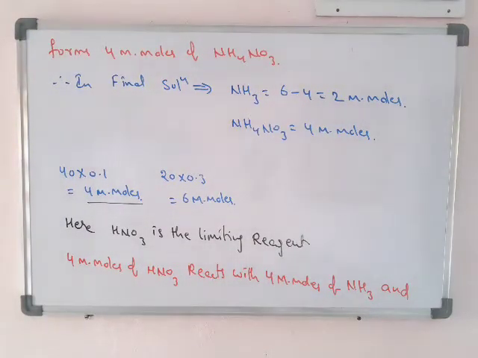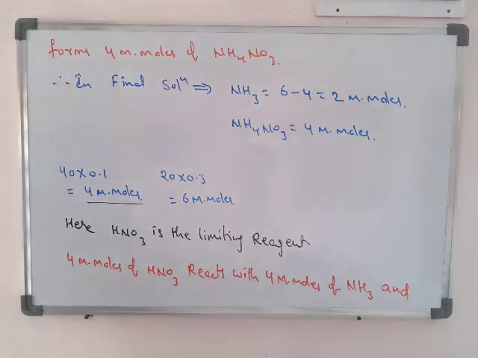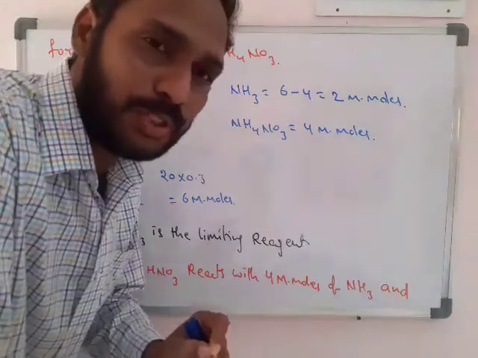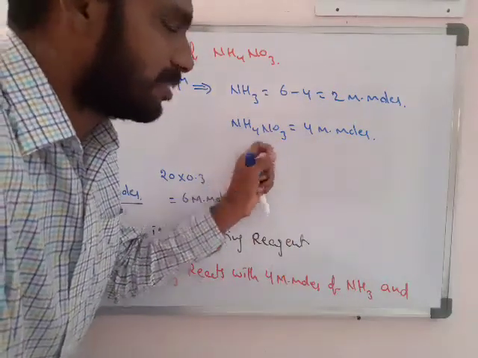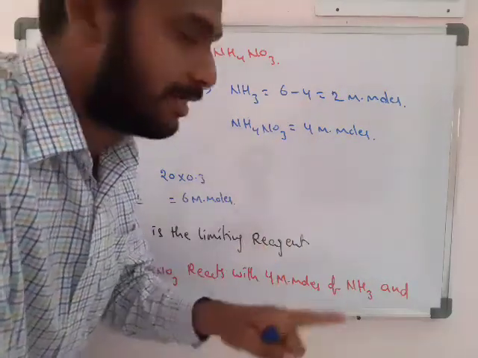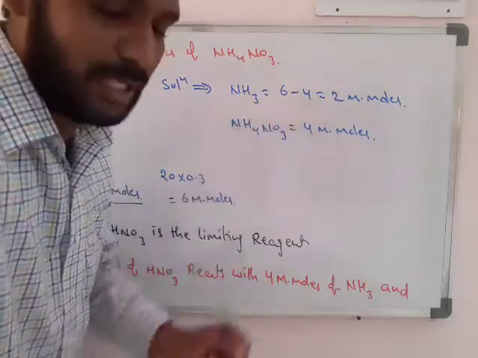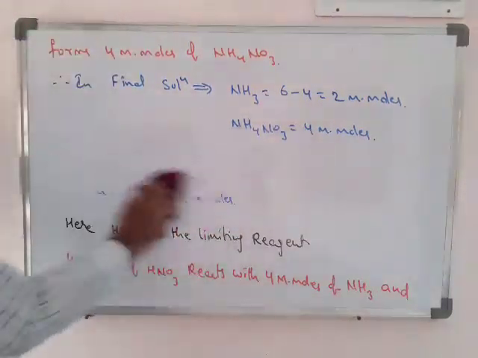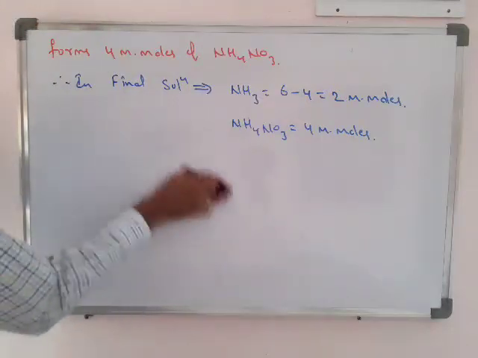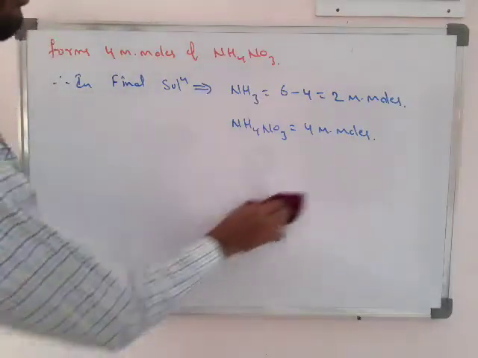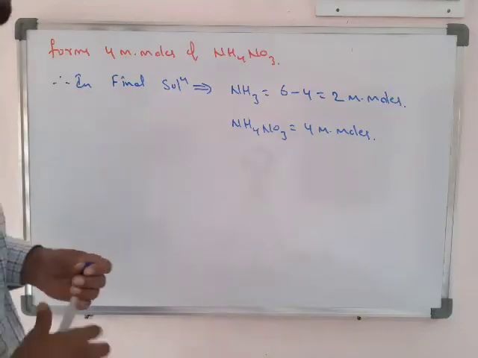So now in the final solution, not only product is there, 4 millimoles of ammonium nitrate salt is there, and the unreacted ammonia 2 millimoles is there. So we can observe the final solution is nothing but a buffer solution. What is the buffer?